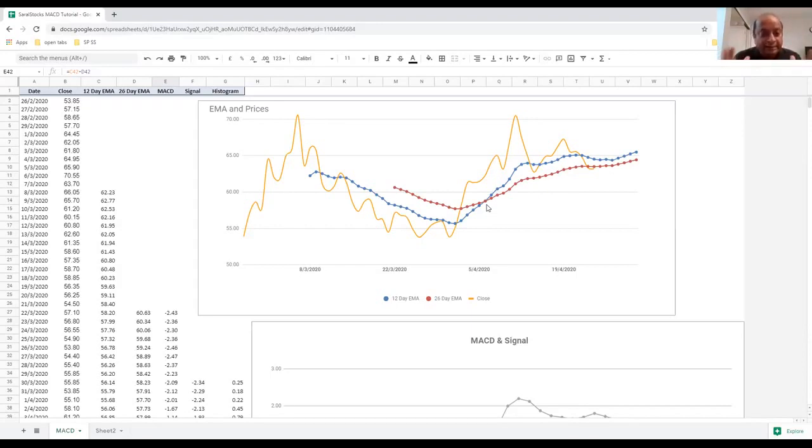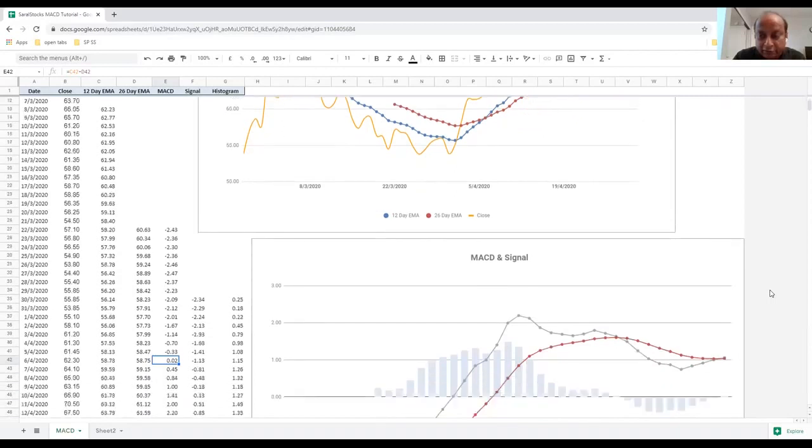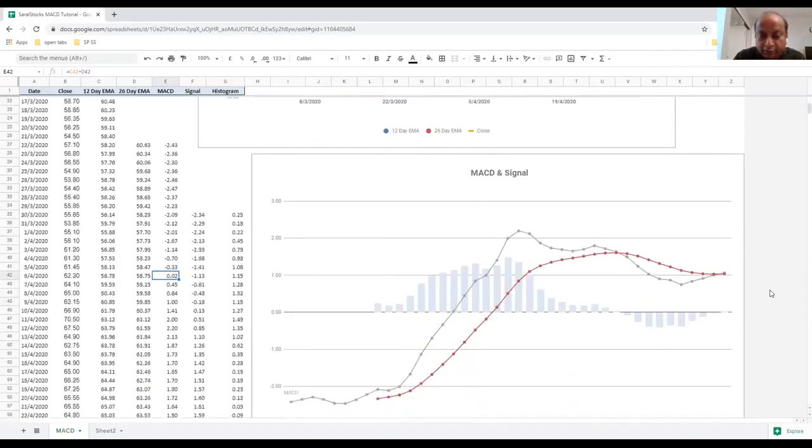But MACD essentially is the difference of these two values, the 12-day moving average subtracted by the 26 days moving average. So 12-day minus 26 days is what the MACD indicator is about. Okay. So now this indicator is essentially also what is plotted here in the chart below.